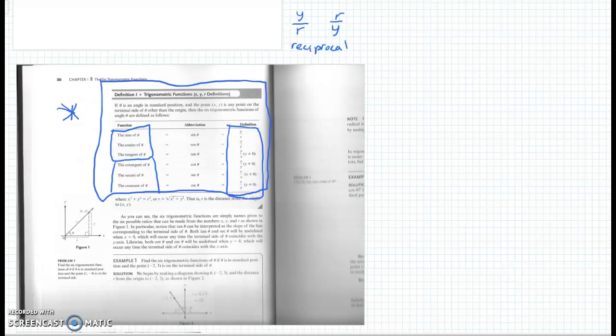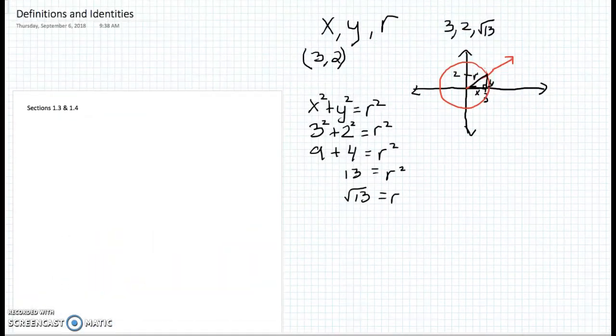So let's go back to our original statements up here and let's look at sine of theta. If we have sine of theta, think about what the value of sine of theta would be. Sine of theta by definition is y over r.